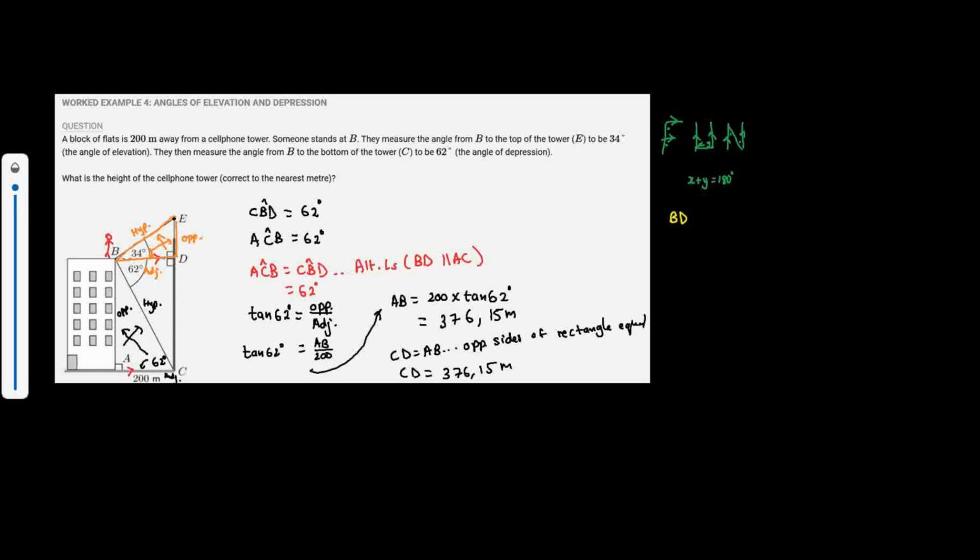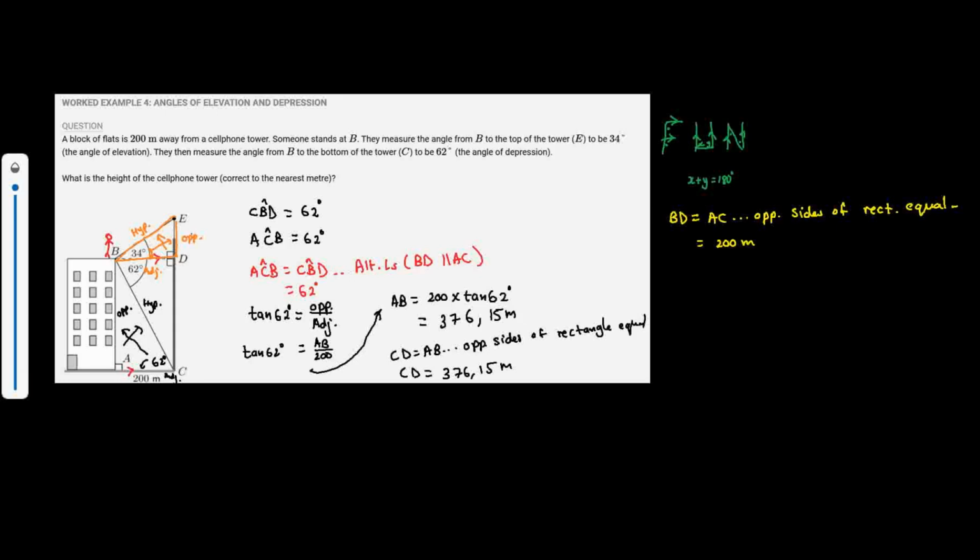So we know that BD is equal to AC because opposite sides of the rectangle are equal, which implies that BD is also 200 meters.